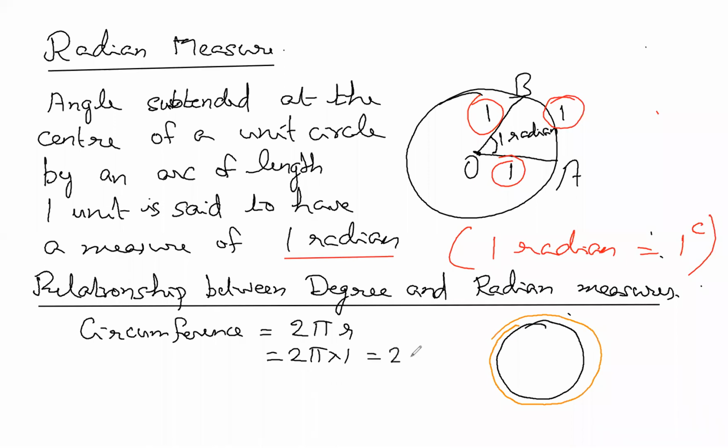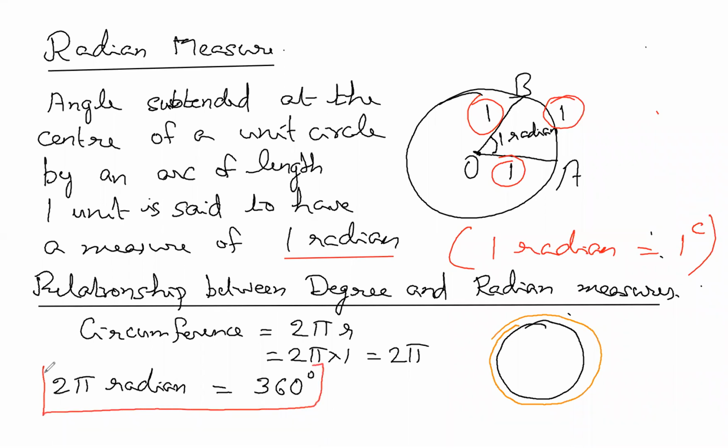How much is it, children? 2 pi unit. So this 2 pi unit is in radian measure. So we relate like this. This 2 pi radian is the radian measure for one complete rotation. That is equal to how much in degrees? It is 360 degrees. So this is the relation connecting degree measure and radian measure. 2 pi radian, because it is the arc length around the boundary of the circle.